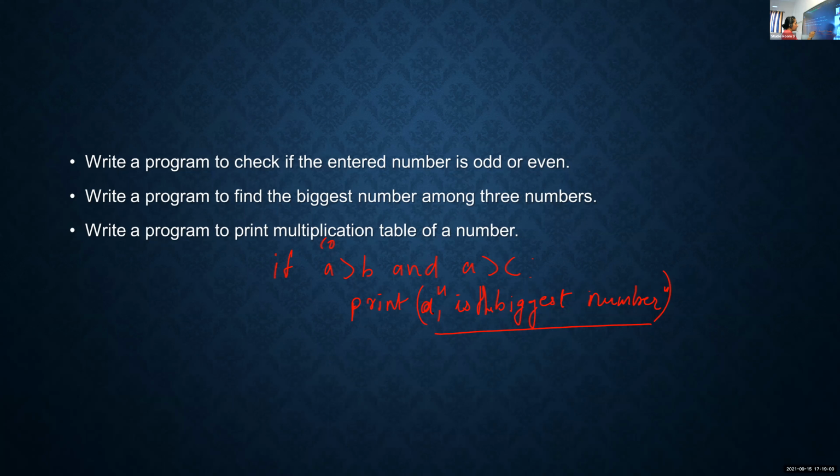If I write this A using double quotes, it will just print A is the biggest number. Here I am not using double quotes, so it will print the value inside A. Here the content of A is 10. So 10 is the biggest number. That is the result.